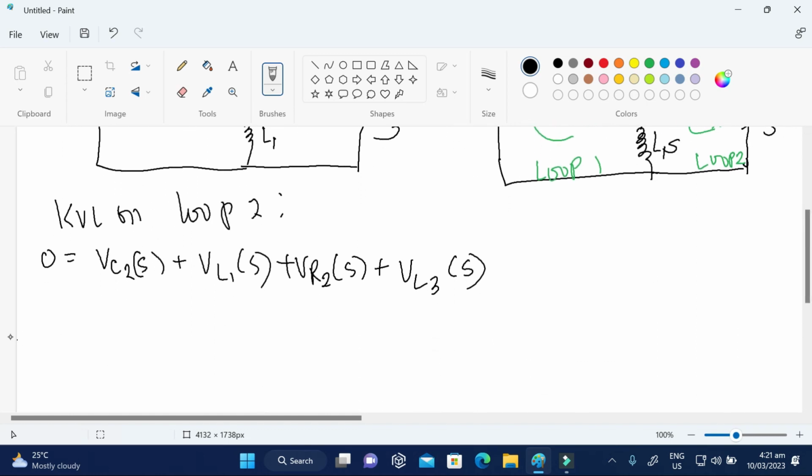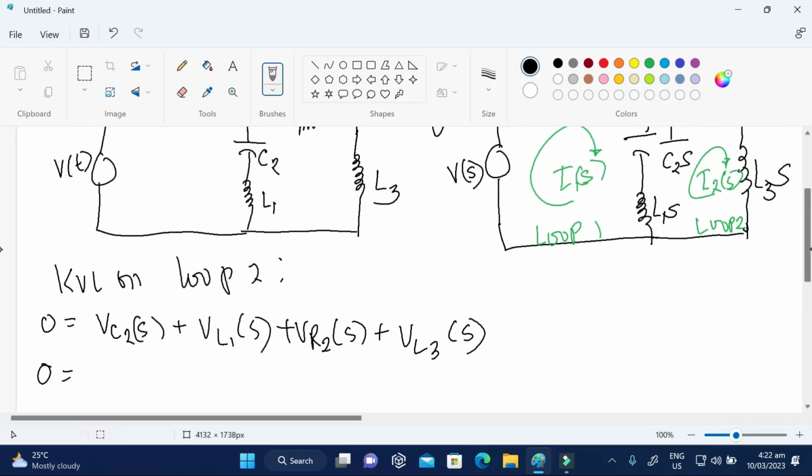Setting this equal to 0, for the voltage of C2 there are two currents, namely I2 and I1. In establishing Kirchhoff's voltage law on loop 2, loop 2 is the one that governs. So 1 over C2S is its impedance, multiplied by I2S minus I1S.